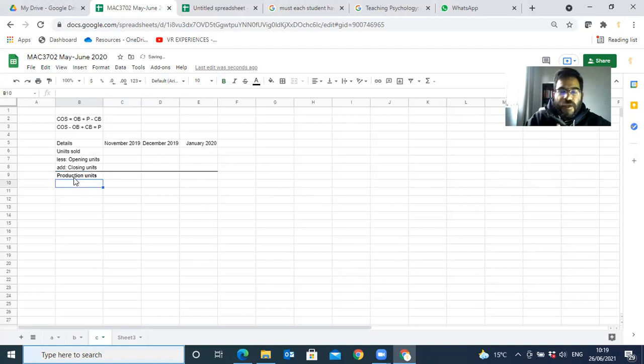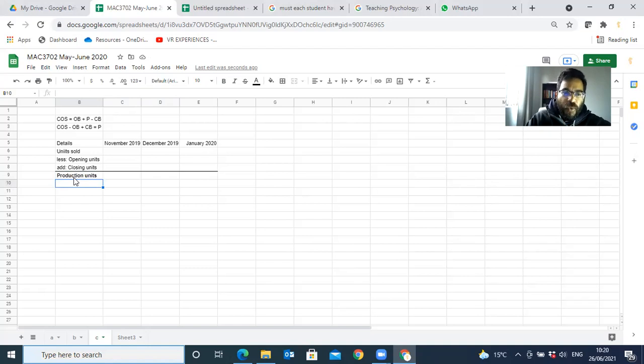So just take note: when they ask you for inventory and want you to work out an opening, a closing, a production, or even the cost of inventory, either in rand value or in units, and they give you some of the numbers and you need the other, always see if you can use the cost of sales formula. Let it run through your mind.